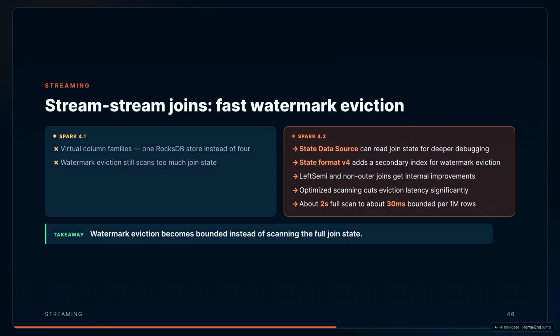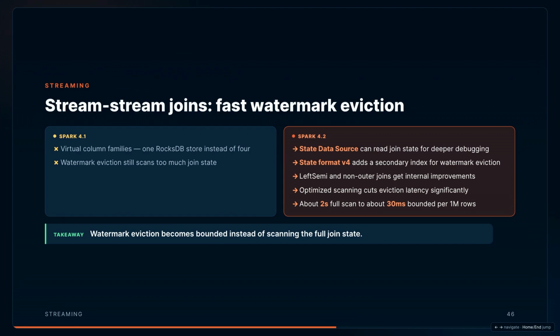So for the stream-to-stream join, in Spark 4.1, we added a virtual column family that moves the join state into one RocksDB store instead of 4. That gives a good performance gain. But still, watermark eviction can scan too much data in the join state. And in Spark 4.2, the state data source can read the join state directly, and from the state format v4, this adds a secondary index for watermark eviction.